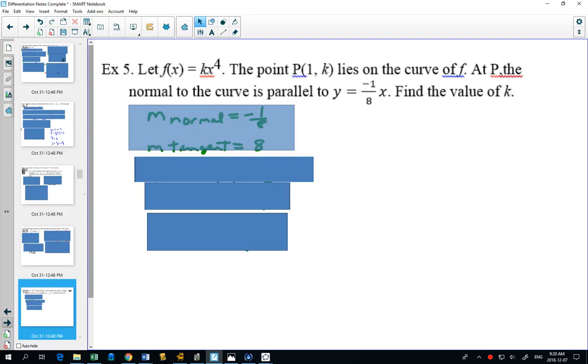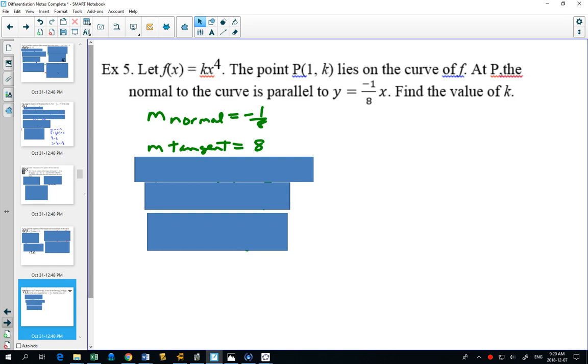So, first of all, we know the slope of the normal is going to be -1/8 because it's parallel to the line y equals -1/8 x. If we know the slope of the normal, we know the slope of the tangent.